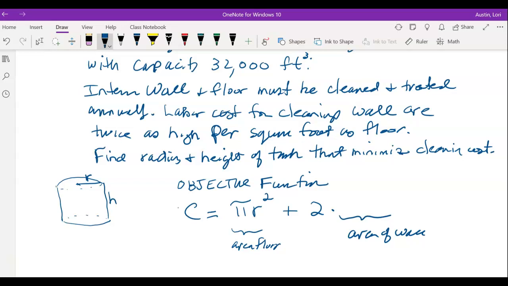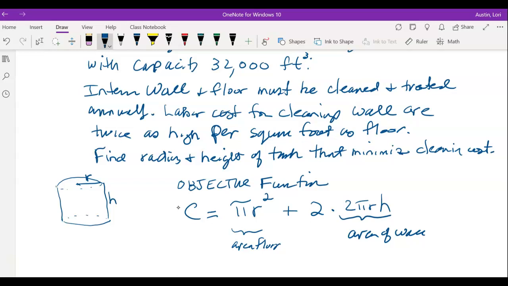Circumference, 2 pi r, right? So the circumference is 2 pi r, but then we're going to take that circumference and move it all the way up the height of the tower. What's the height of the tower? So does it make sense that your area of the wall is 2 pi r h?